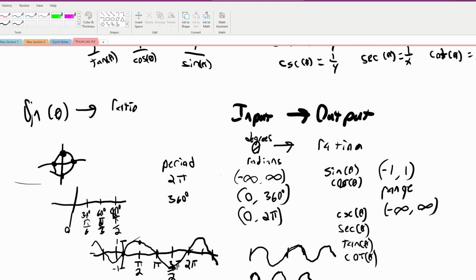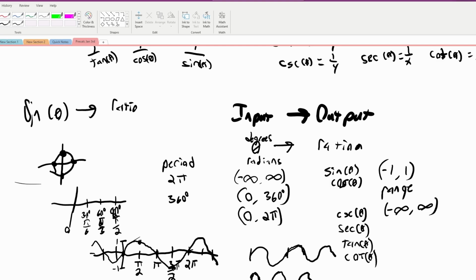Okay, now if we looked at these graphs and thought about what we learned previously about even and odd functions, even and odd functions have to do with symmetry. So here, every point in the first quadrant gets repeated exactly in the same spot, not in the second quadrant, but in the third quadrant.